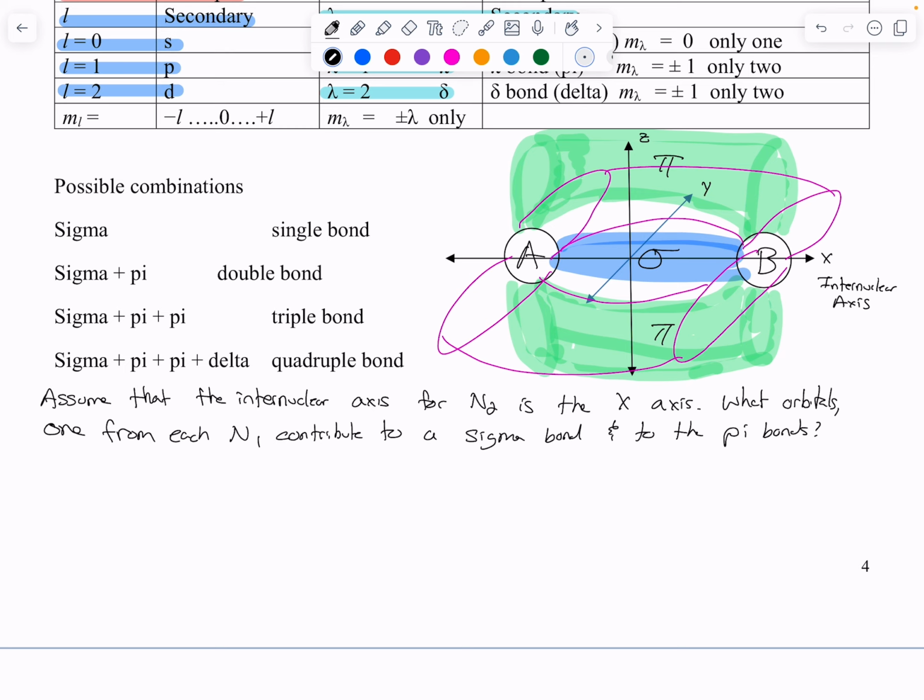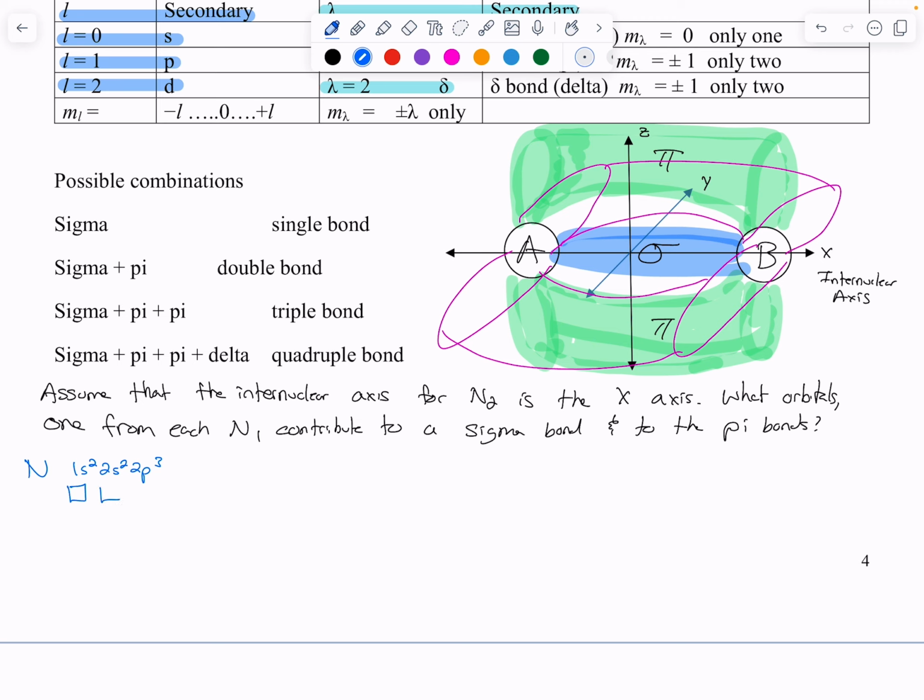So if you look at nitrogen, nitrogen is 1s2, 2s2, 2p3, right? And so 1s is full, 2s is full, 2p, right? And we have up, down, up, down, up, up, up. So we have core, full, and then 1, 2, 3 bonding opportunities in the p orbitals. So it's the p orbitals that are going to overlap.